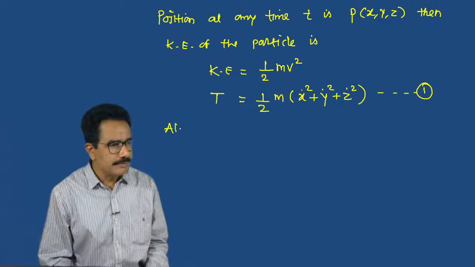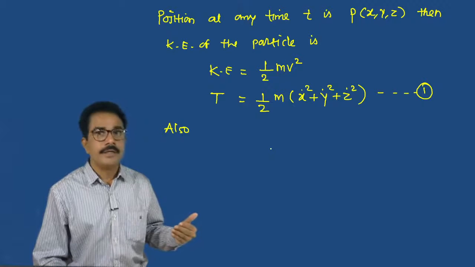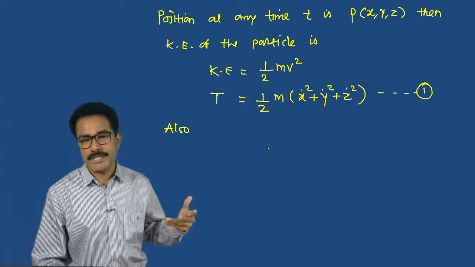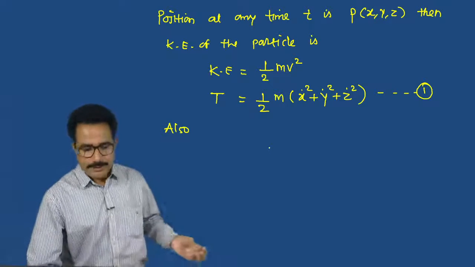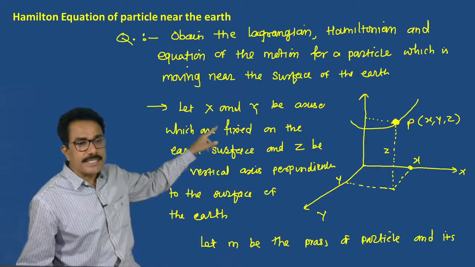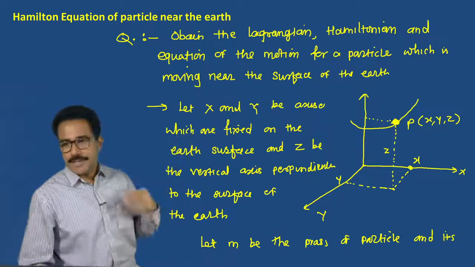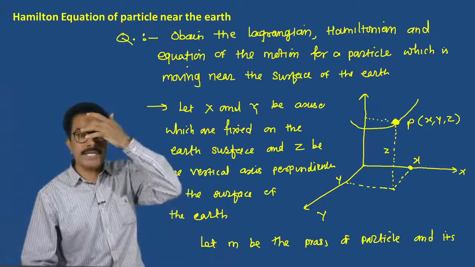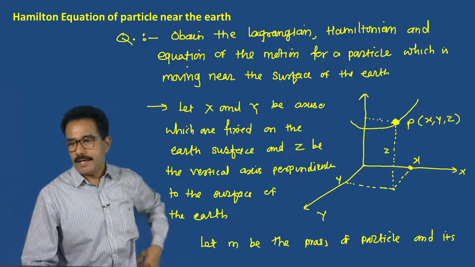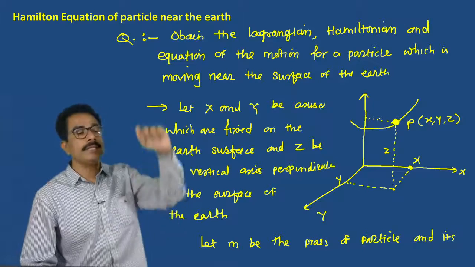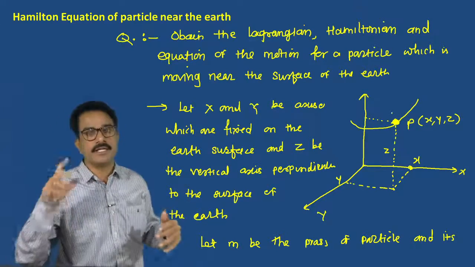Now we have to calculate the potential energy. What is the formula for the potential energy? If m is the mass and the position of the particle is at a point P, then the general formula for the potential energy, students, now you tell me, Anita Rajmane, Archana Suryavanshi, what is the formula for the potential energy?